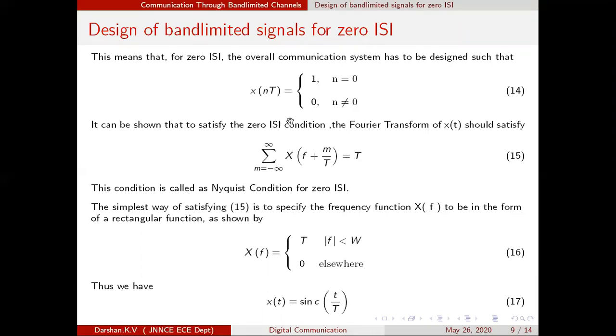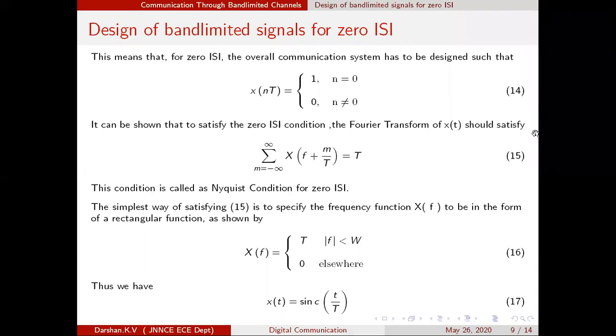The Fourier transform of x of t should satisfy this condition. This condition says sigma over m from minus infinity to plus infinity, x of f plus m by capital T, equals capital T. So this is a condition.